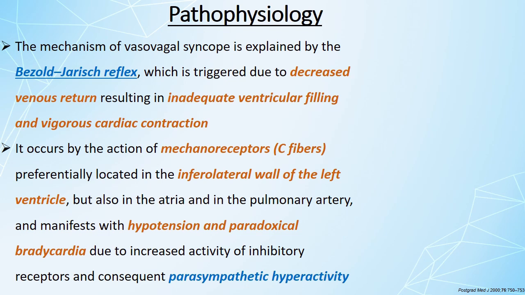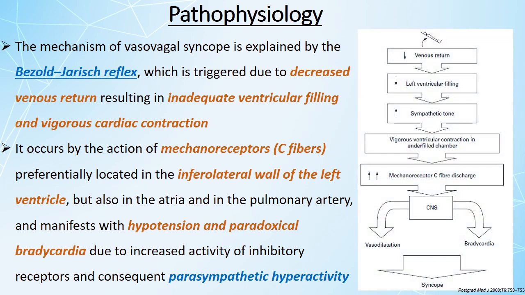So coming to pathophysiology, so what happens in vasovagal syncope? So as we all know that there's reduced blood supply to the brain. So this can be explained by the vasodepressor reflex, which is nothing but your vagal or parasympathetic hyperactivity. Now what happens in vasodepressor reflex can be explained by the flowchart on the right side. So there is reduced venous return to the heart.